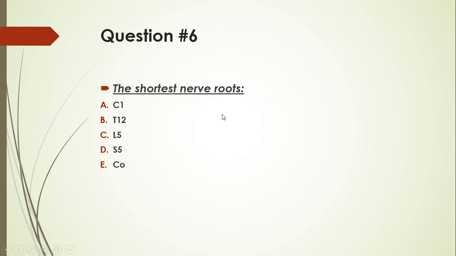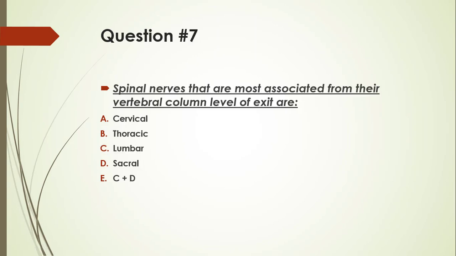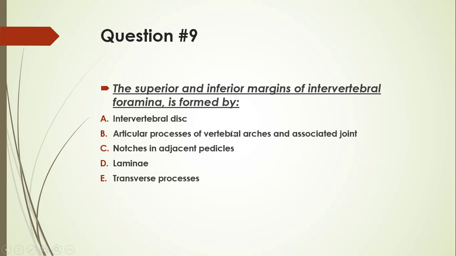The shortest nerve roots are. Spinal nerves that are most associated with their vertebral column level of exit are. Spinal nerves that are most dissociated from their vertebral column level of exit are.